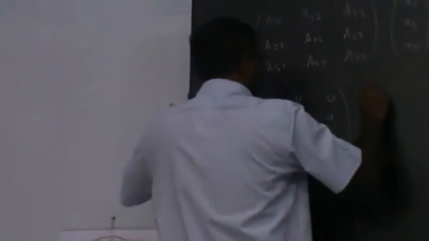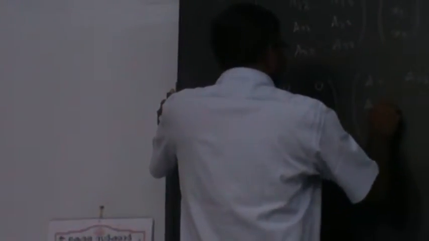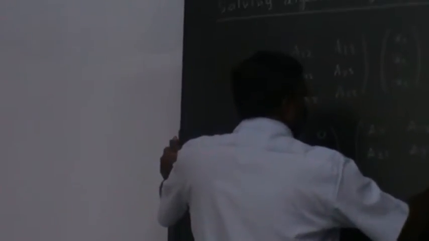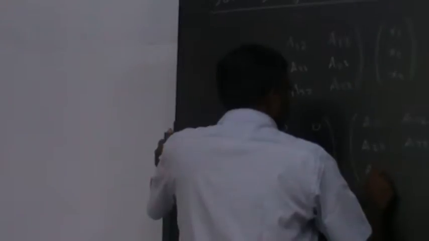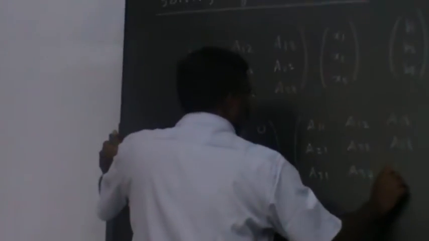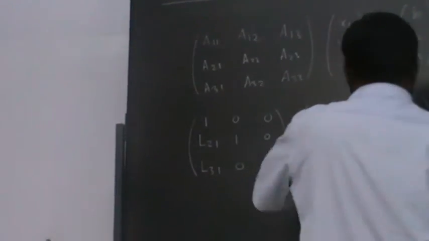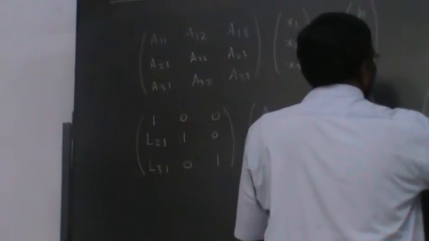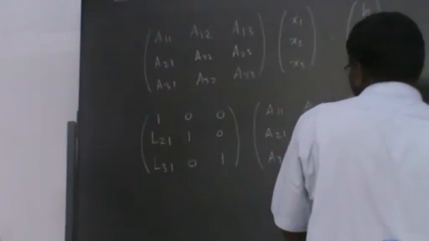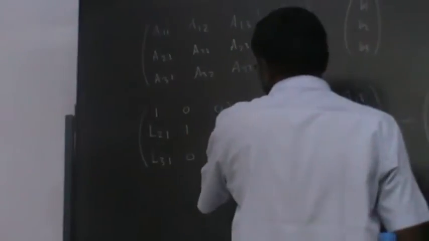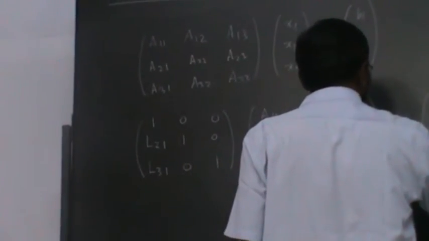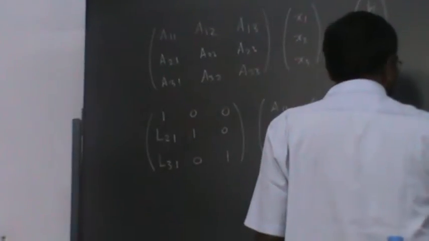And then I multiply this one with A11, A12, A13, A21, A22, A23, A31, A32, A33. What will I get? I will get a matrix. The first row is the same, A11, A12, A13. Now what will be the second? Second is L21 times A11 plus A21.